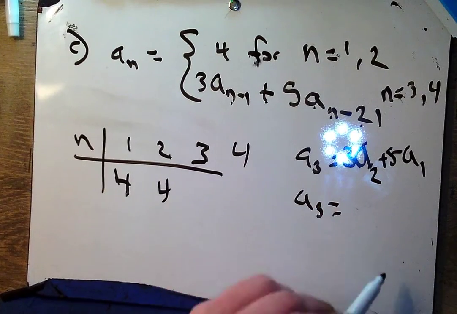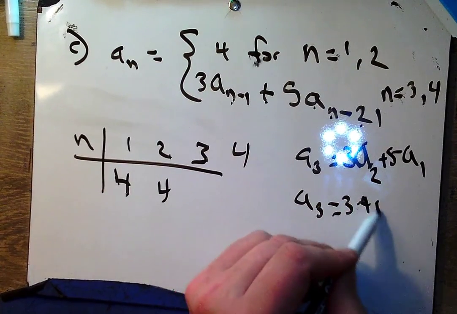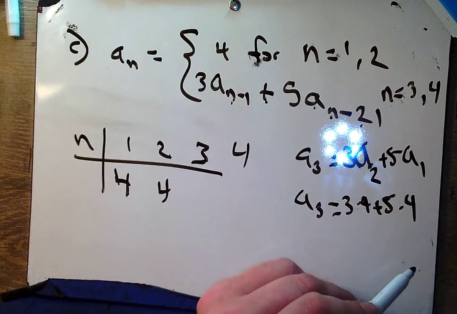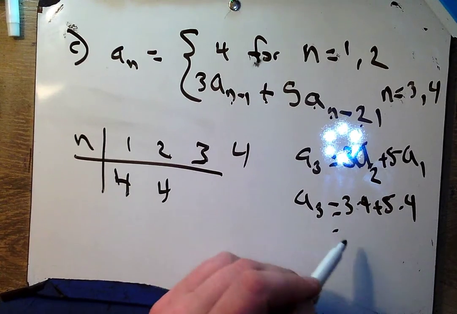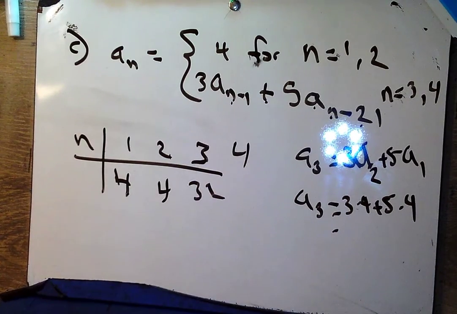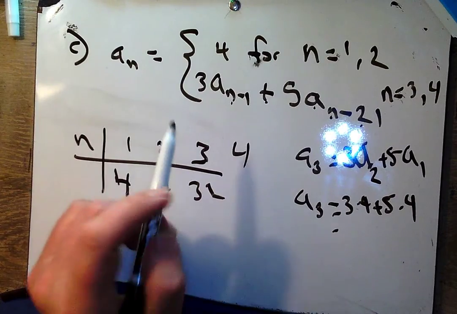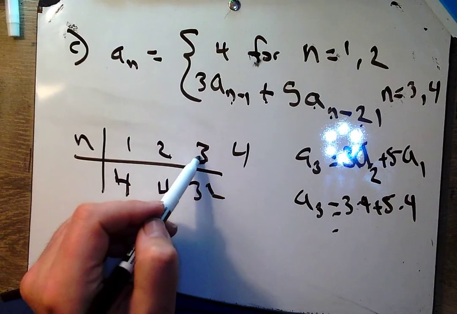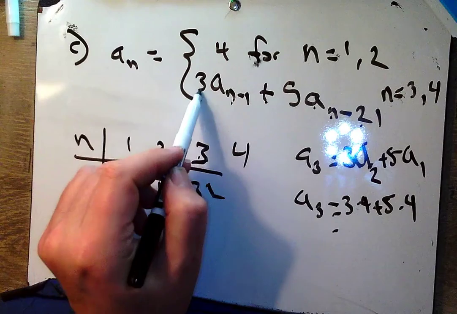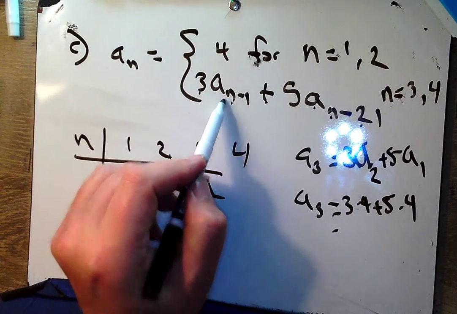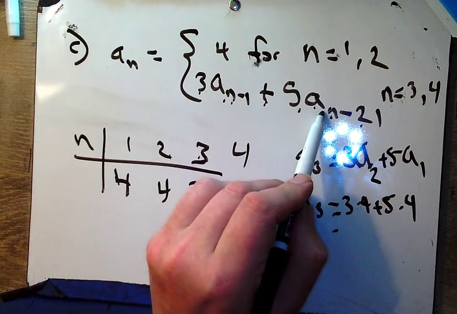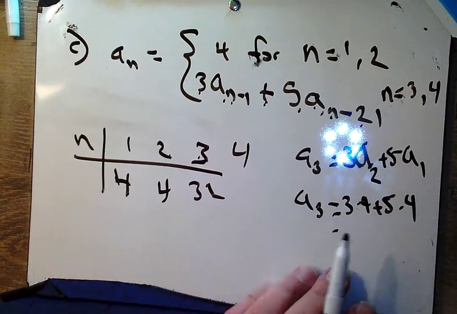So a sub 3 is 3 times 4 plus 5 times 4, which is going to be 8 times 4, or 32. Okay? And you can also understand this as, if you want the value of the third term, you have to take 3 times the value of the last term plus 5 times the value of the term before that.